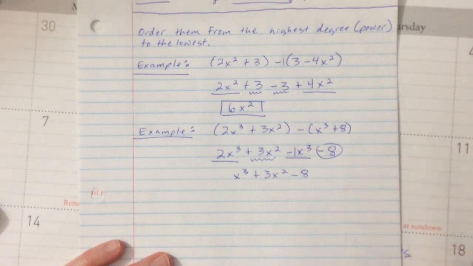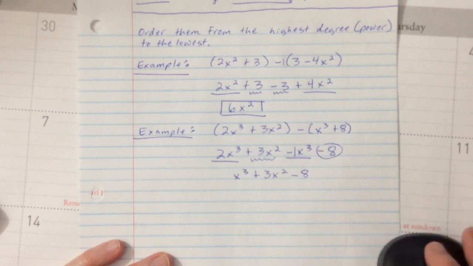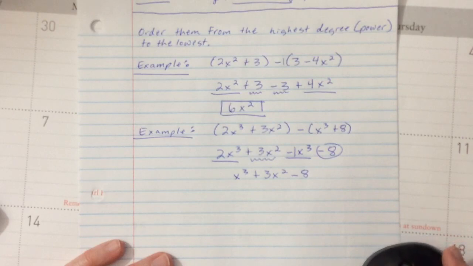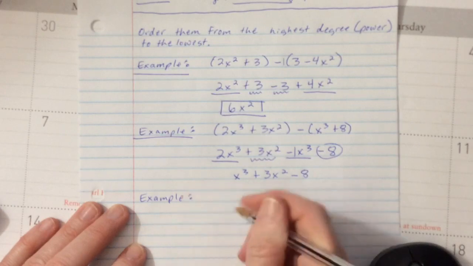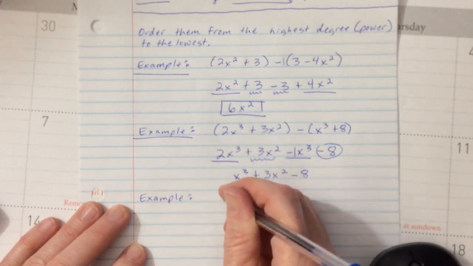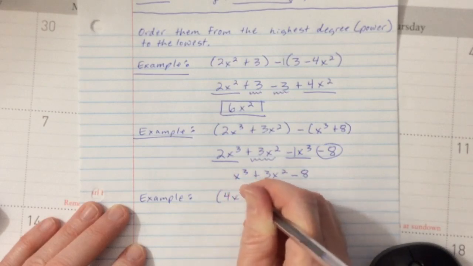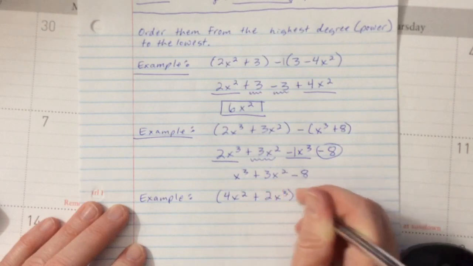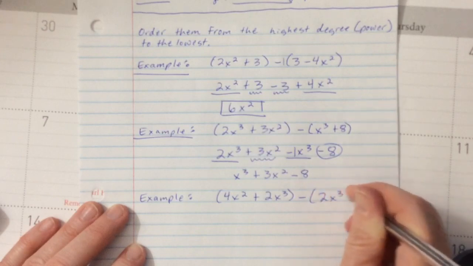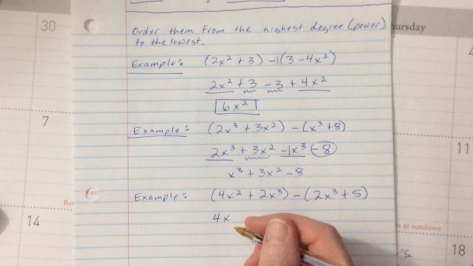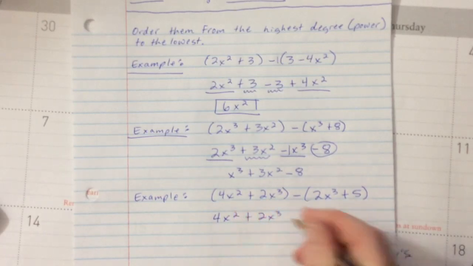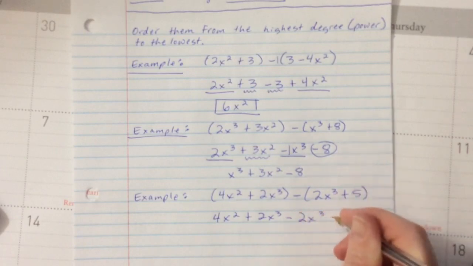Let's do one more. Here's one. So if you have 4x to the power of 2 plus 2x to the power of 3 minus 2x to the power of 3 plus 5, you're going to rewrite that as 4x to the power of 2 plus 2x to the power of 3 minus 2x to the power of 3 minus 5.